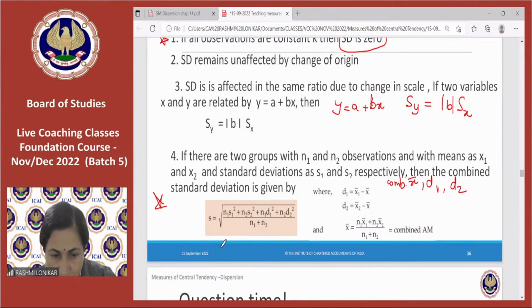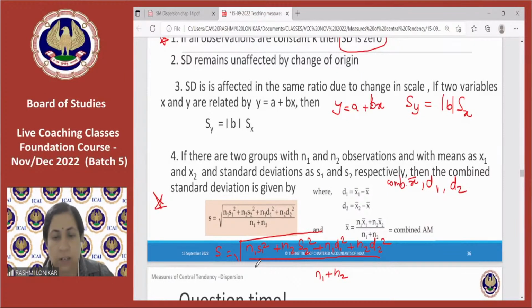What does the formula say? It says that s is equal to the square root of n1 s1 square, that is, n1 is the number of observations of the first group, and s1 is the standard deviation of the first group, squared, plus n2 s2 square, plus n1 d1 square plus n2 d2 square, upon n1 plus n2.